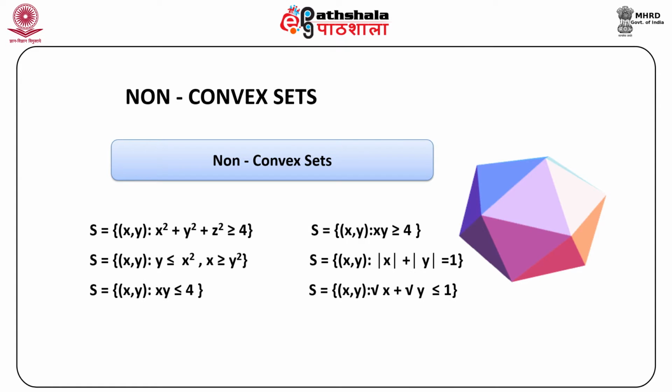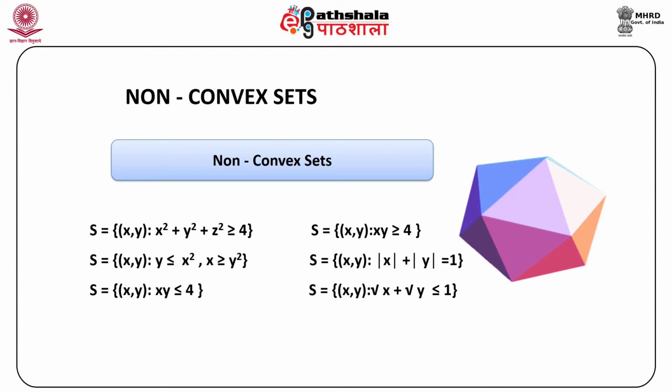Try to draw a graph to verify that the following do not represent convex sets. S = {(x, y, z) : x² + y² + z² ≥ 4}. S = {(x, y) : xy ≥ 4}.